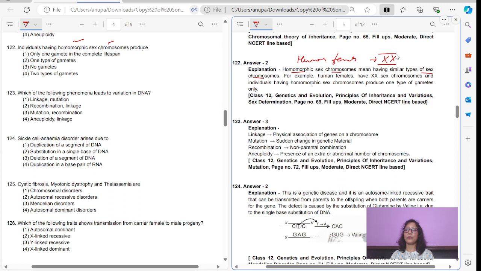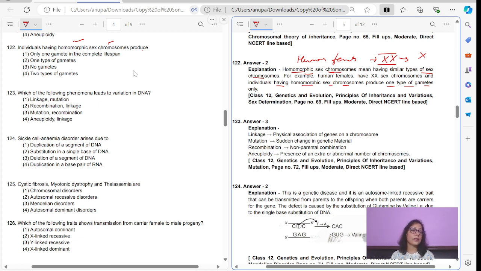Such type of chromosome is known as homomorphic sex chromosome. An individual having homomorphic sex chromosomes produces only one type of gametes.